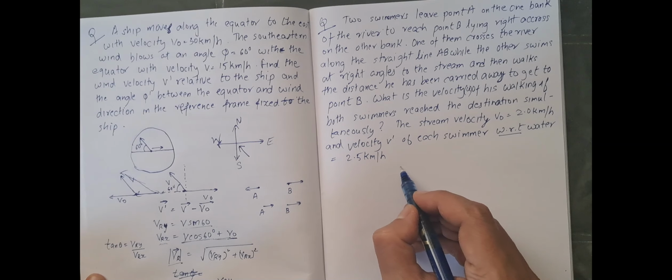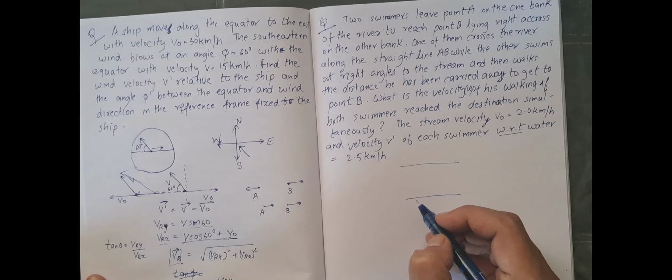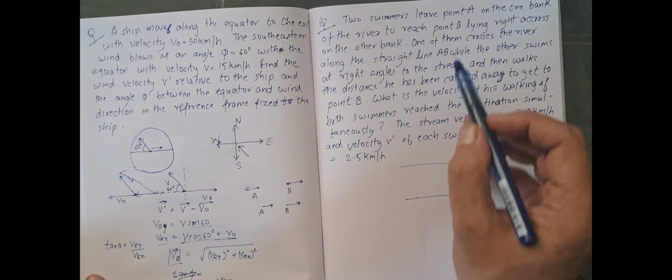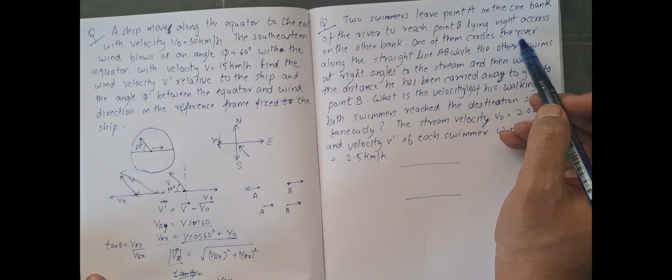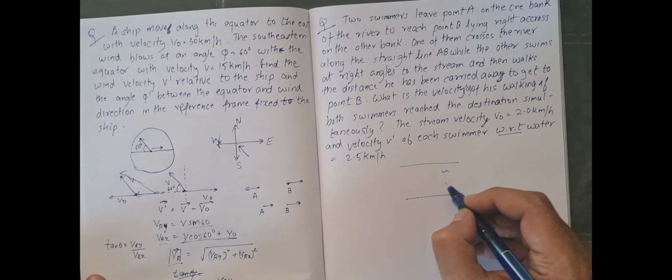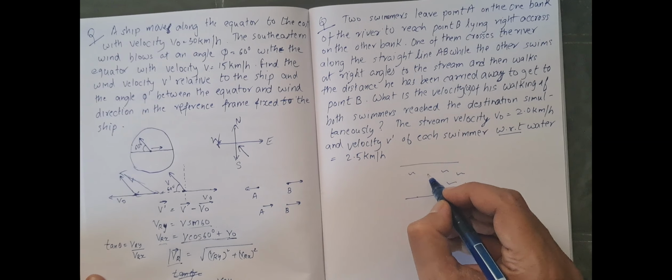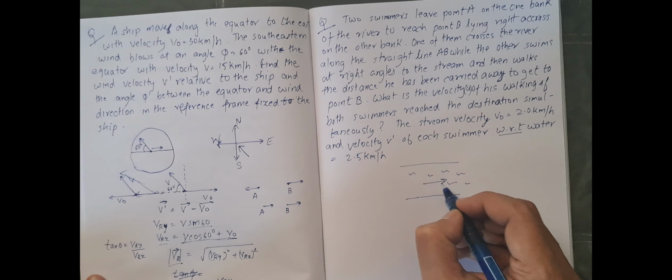Suppose this is the river, okay, there are two swimmers. One swimmer crosses the river along a straight line AB. So the river is like this. It has water and the water is flowing in certain directions like this.